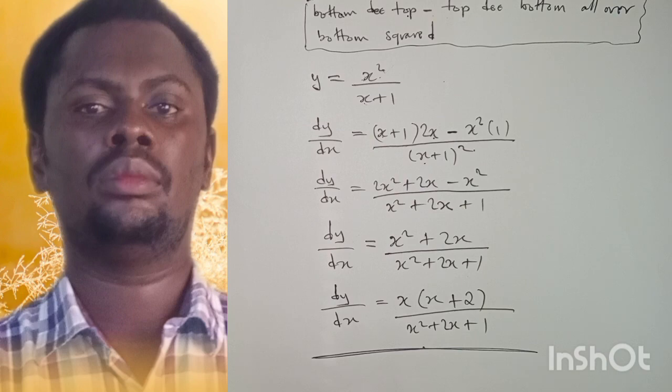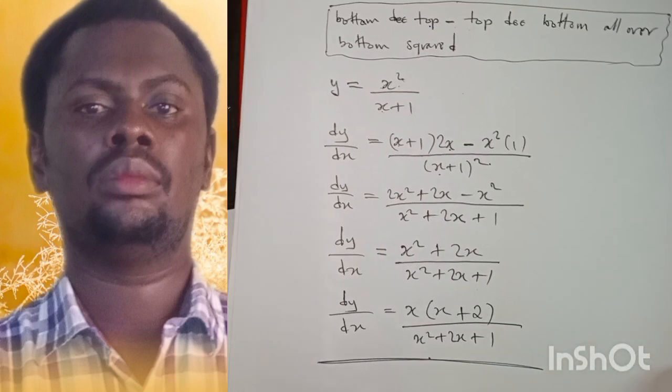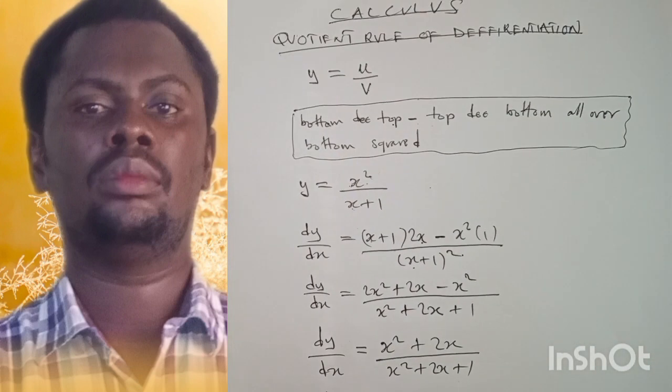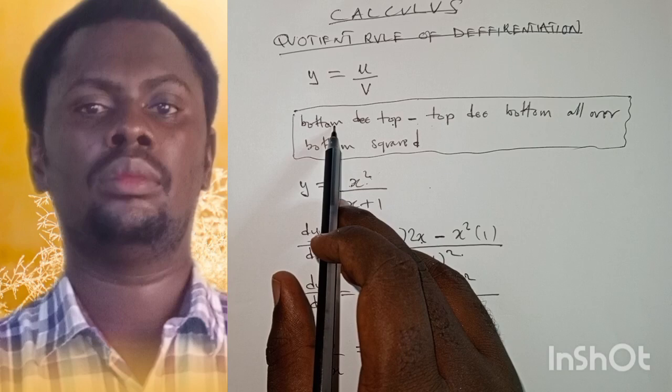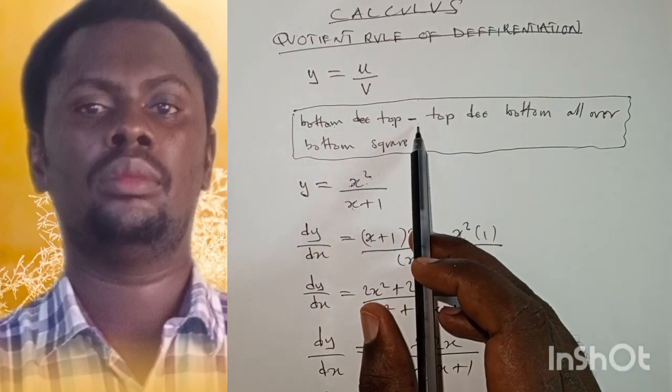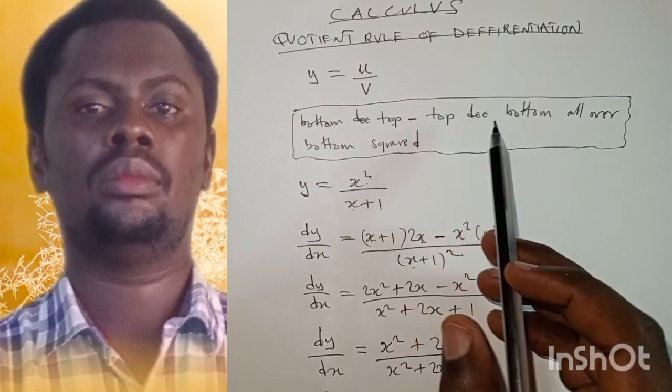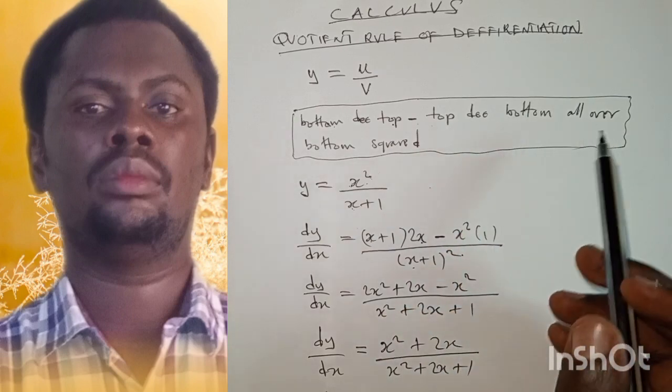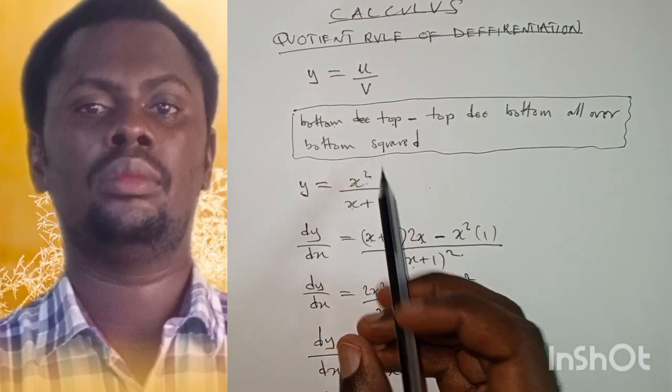So that is how you use the quotient rule of differentiation. It goes as bottom the top minus top the bottom, or over bottom squared.